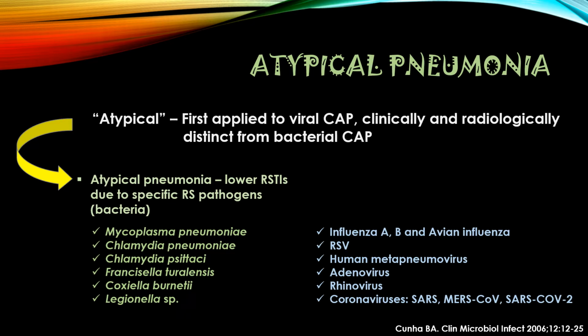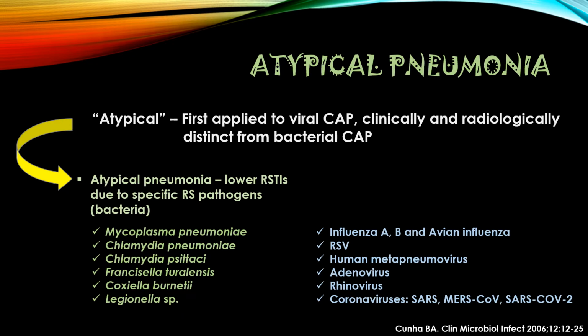About the middle of last year, there was news about a mysterious pneumonia occurring in Argentina. Finally they concluded that the mysterious pneumonia was caused by Legionella, the same pathogen we talk about today.